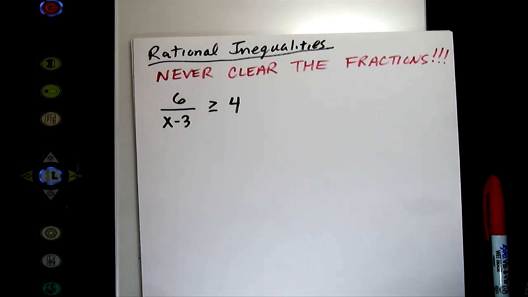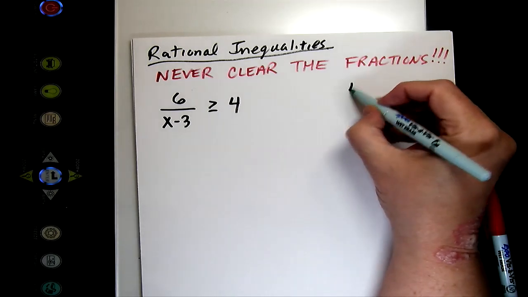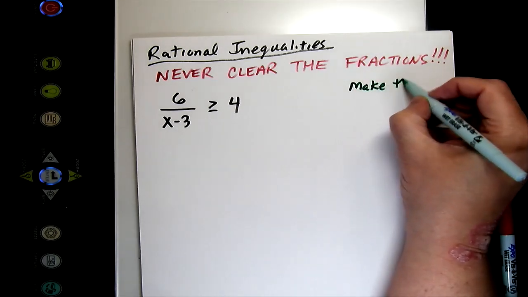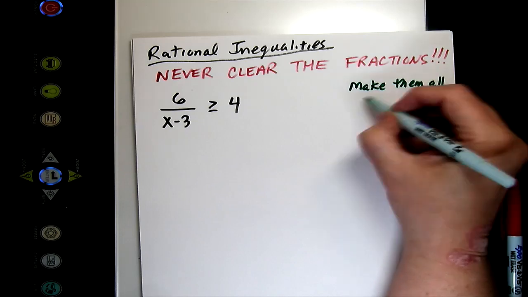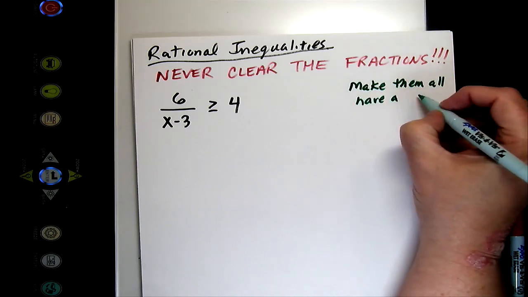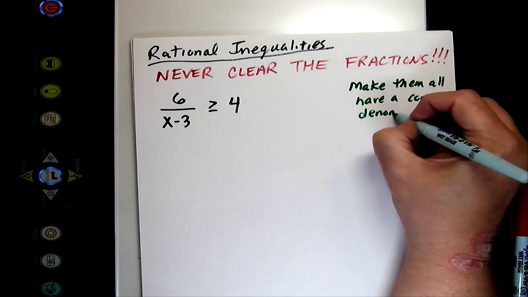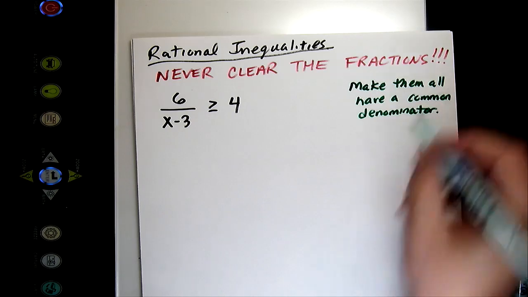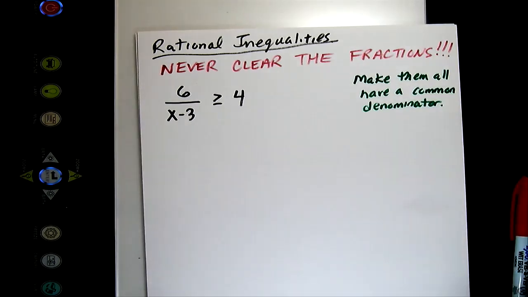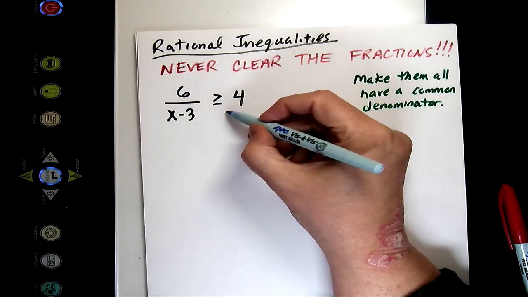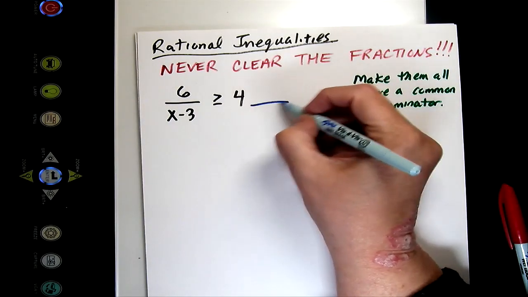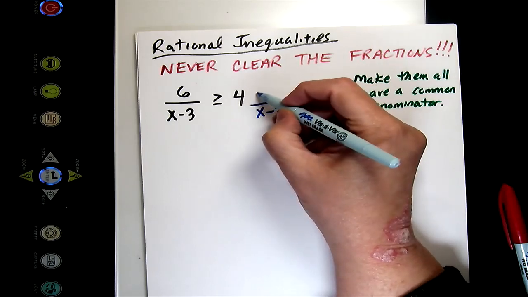So let's make them all have a common denominator. This one only has one fraction, so it's kind of straightforward. I need this one to have x minus 3 on the bottom, so I need to multiply it on top by that as well.